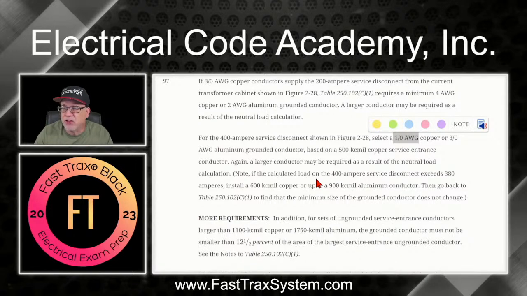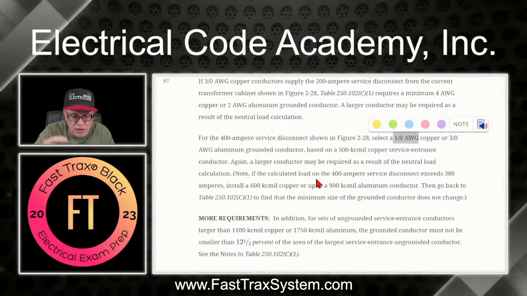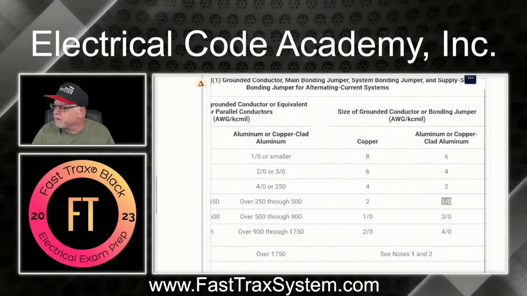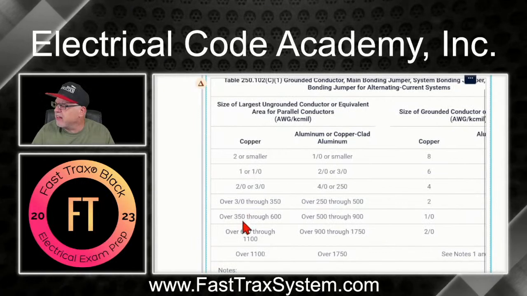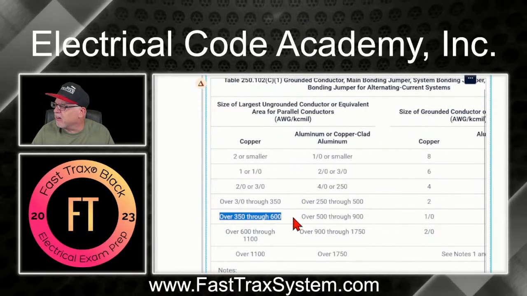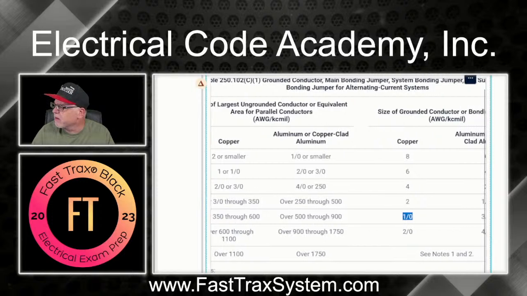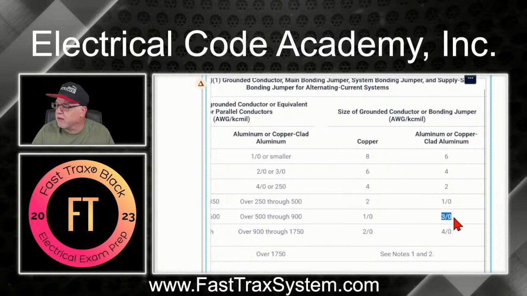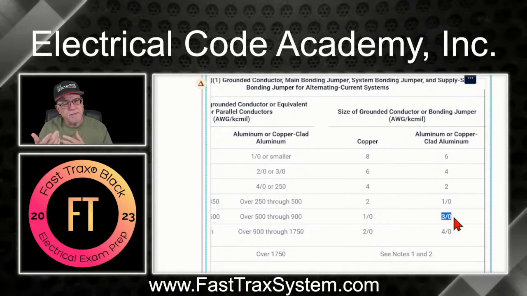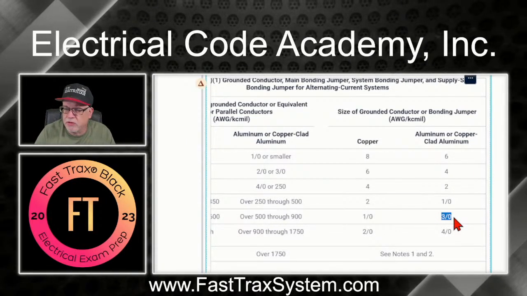So that's why we got the 1/0 copper or 3/0 aluminum, because if you go to this table, you're going to see that the 500 falls right here, and that's going to be a 1/0 copper or a 3/0 aluminum. So you see how that worked? And that is how we did that scenario.